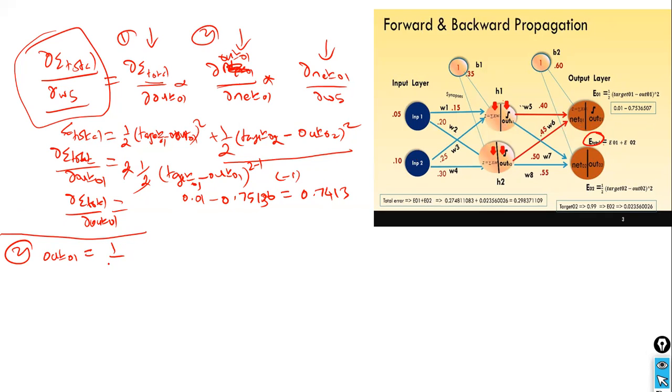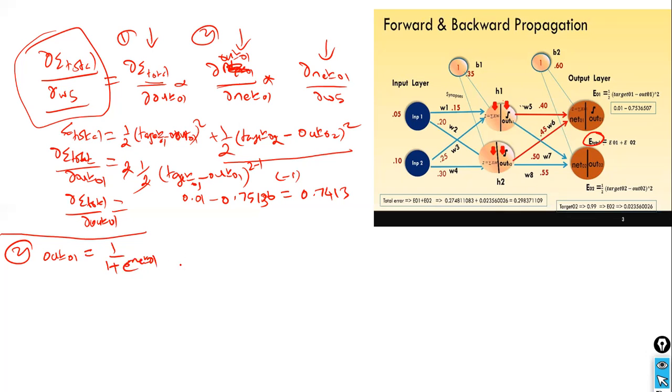So here out O1 is 1 by 1 plus e to the power minus net O1, the activation function, right? The net O1, whatever the z, right? The z, we take the activation function. So here, the out O1 is what?